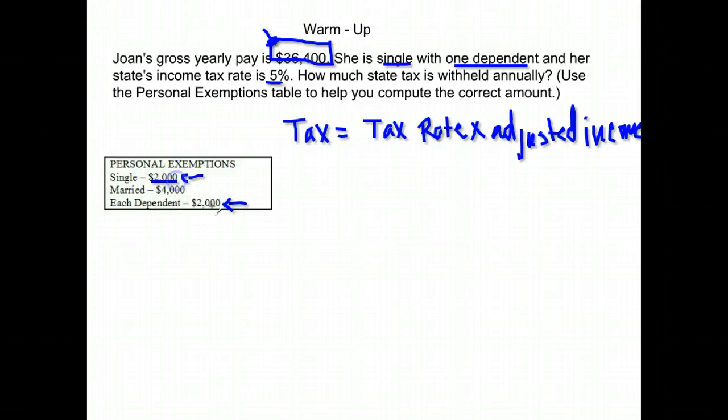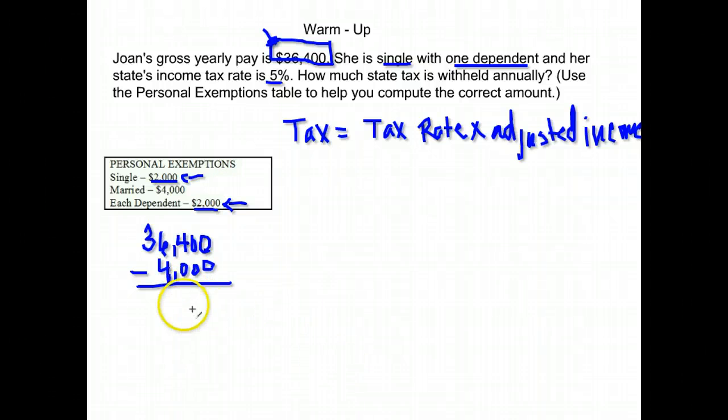So she gets $2,000, $2,000 more dollars, so $4,000 is deducted. So we take her pay of $36,400 and subtract $4,000. Again, that's because we had 2,000 and 2,000. That gives us $32,400 for her adjusted income.